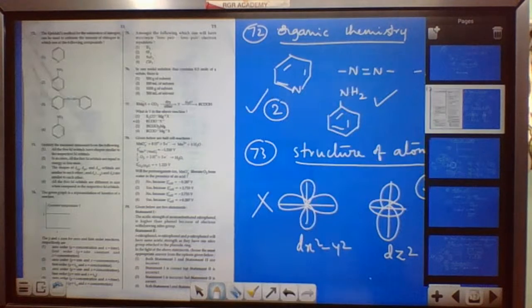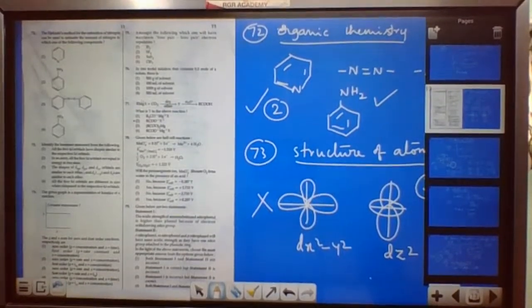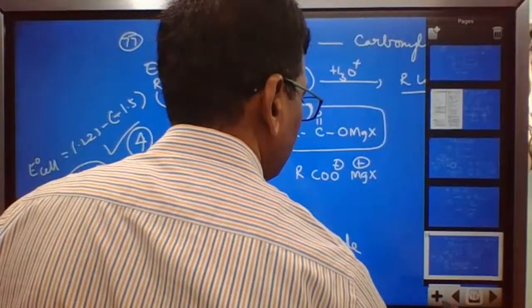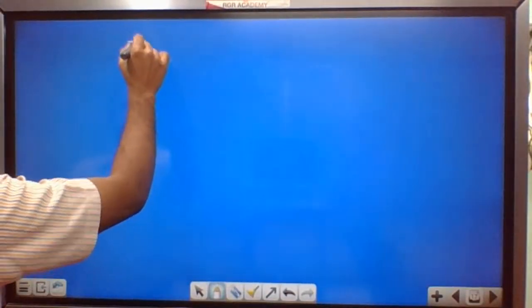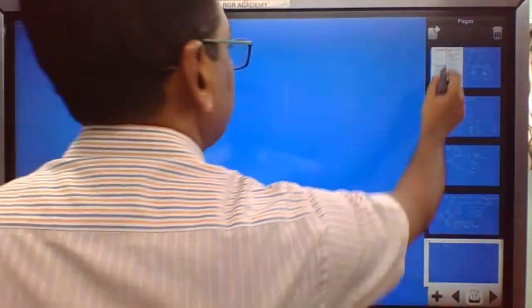Again, the statements given below, two statements are given. Statement 1. This is given from the organic, that is 79. Given from the organic chemistry.